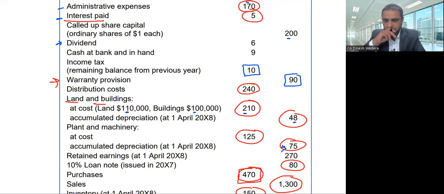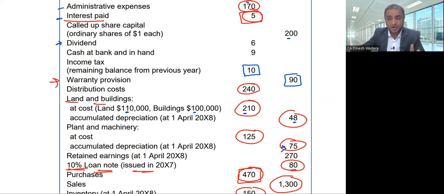See, if I calculate, this is our liability, 80. There is no other borrowing or liability. So I can assume that this interest paid should form part of this 10% loan note. So 10% of 80 comes to 8.